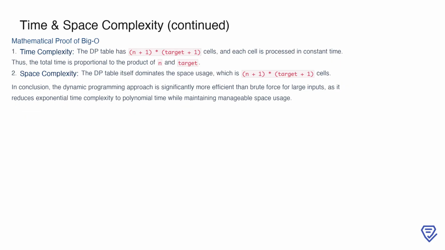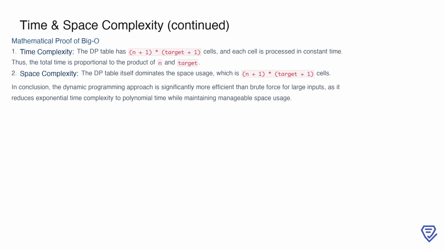To conclude, the mathematical proof of the dynamic programming approach's big O complexity reinforces its efficiency. The time complexity arises from the DP table, which has (n + 1) * (target + 1) cells, each processed in constant time. Therefore, the total time is proportional to the product n * target.